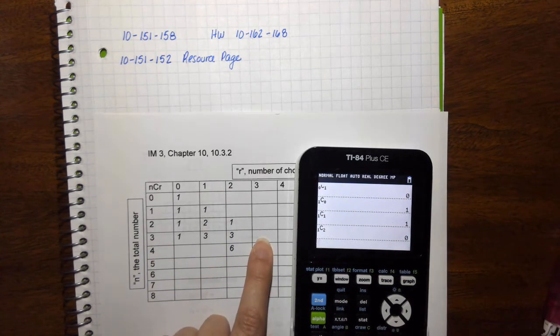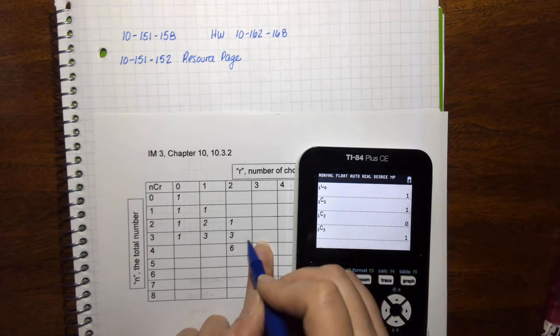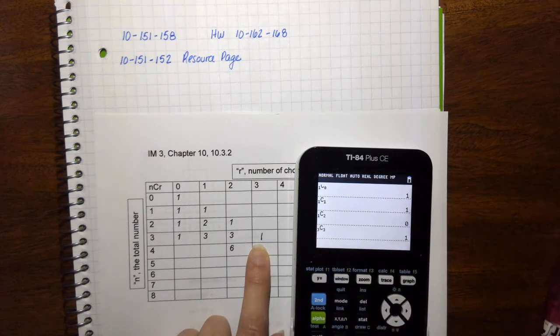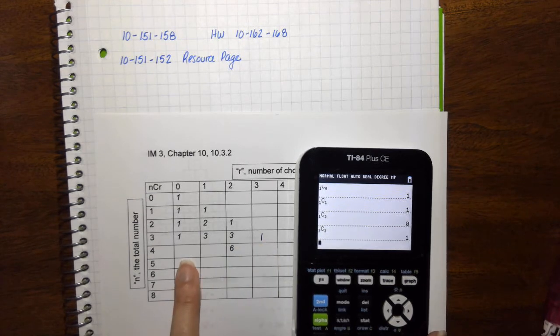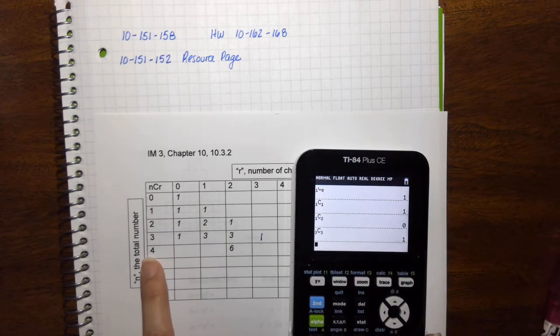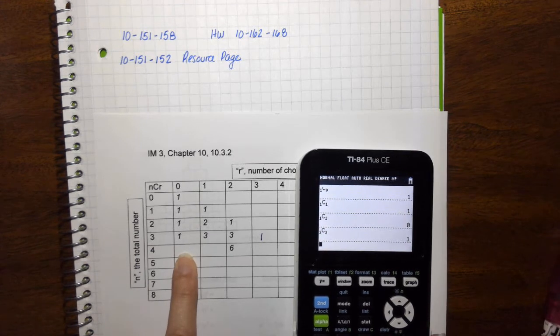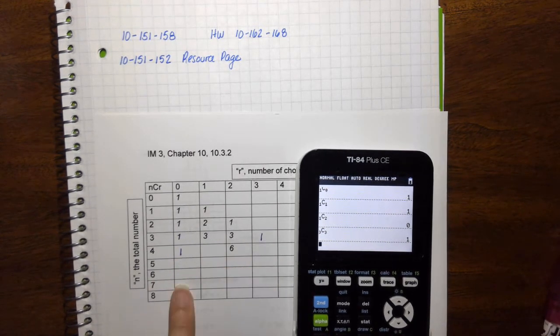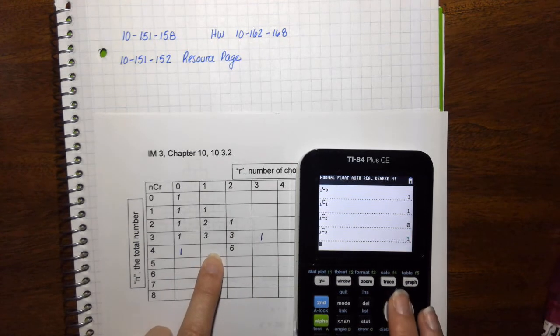Okay, but we can do 3C3, which is 1. Hopefully you're noticing some pattern here in the table we're making. So 4C0, can you guess what it is from all of the previous entries here? Yep, it's 1. Okay, let's try 4C1.